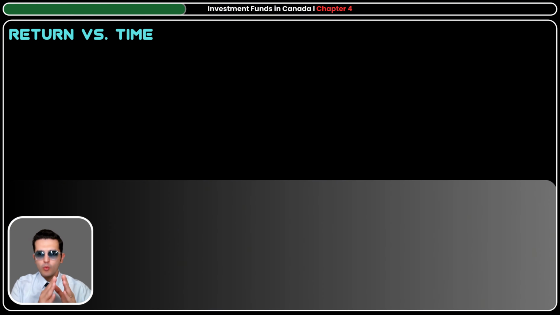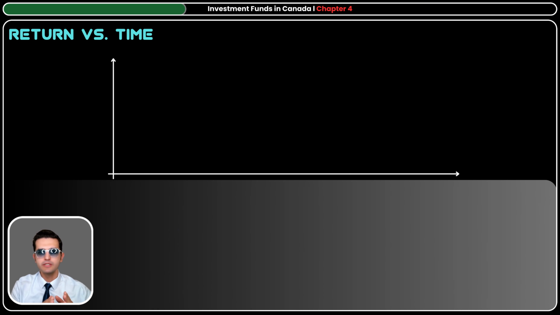Now, we have a figure here. On the horizontal line, we have time, and on the vertical line, we have return on investment, okay?